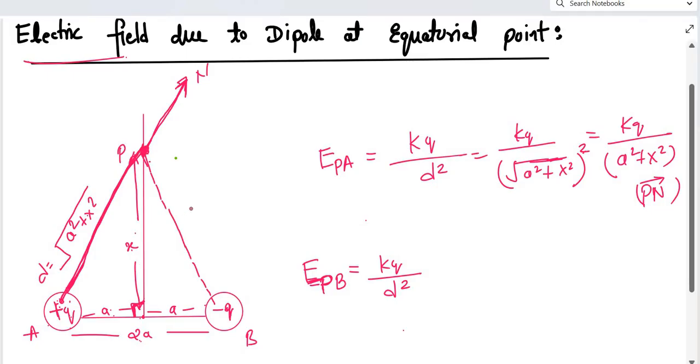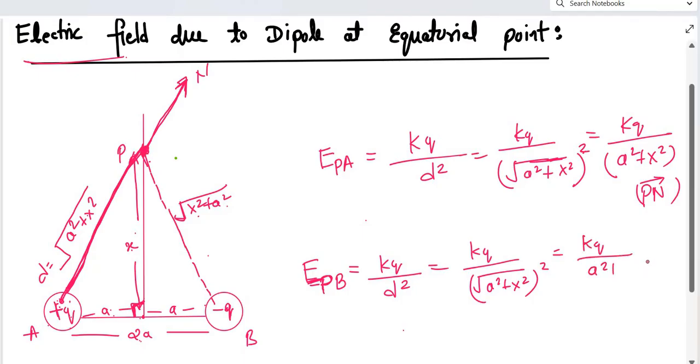If I apply Pythagoras, this distance will be exactly the same: root of x square plus a square. So the field will be kq by root of a square plus x square, whole square. This will be kq by a square plus x square, because the under root and the square will cancel.